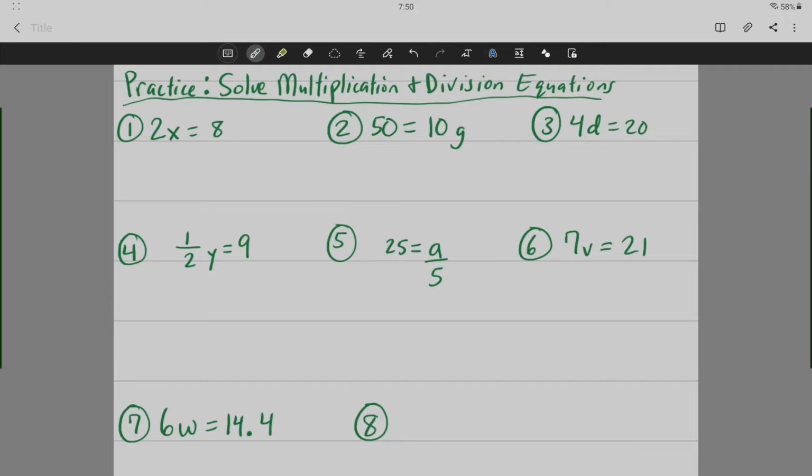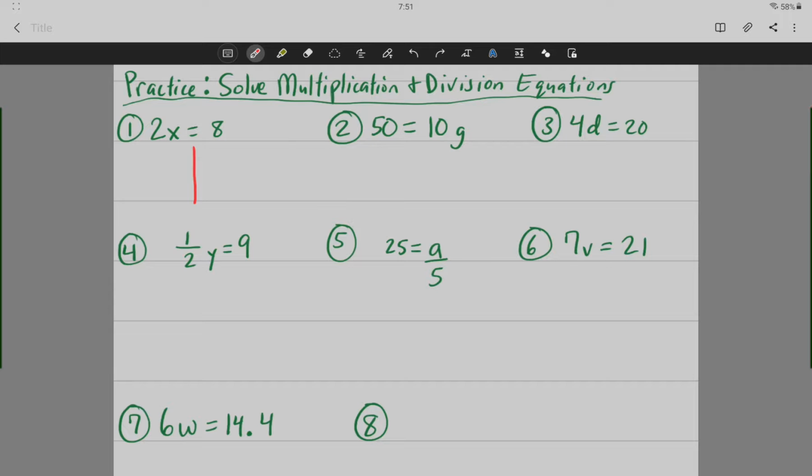So for number one, it says what is the solution of the first. 2x. Now that is 2 times x.